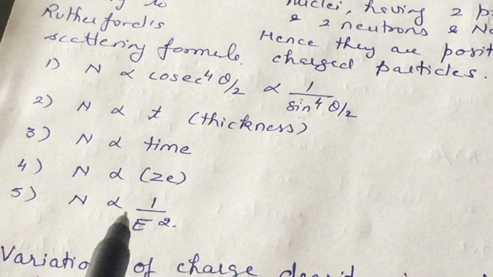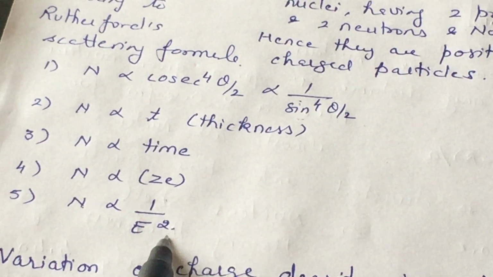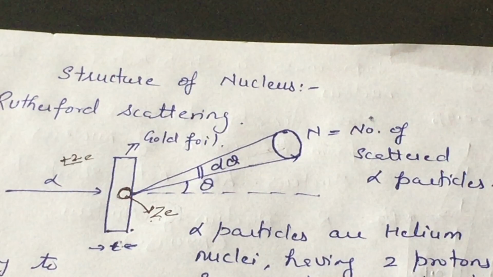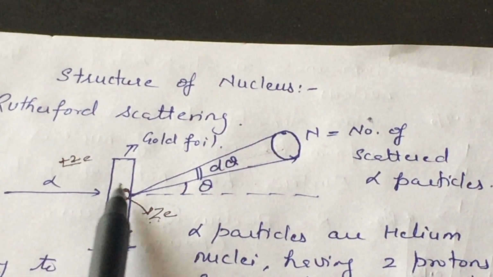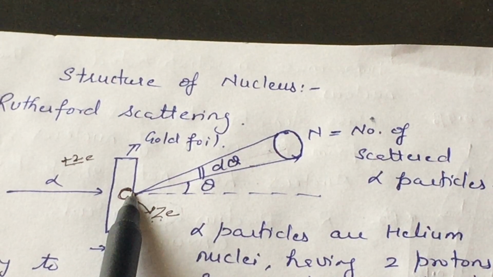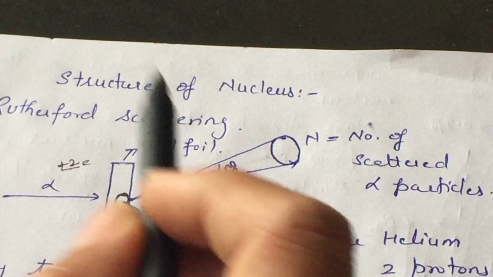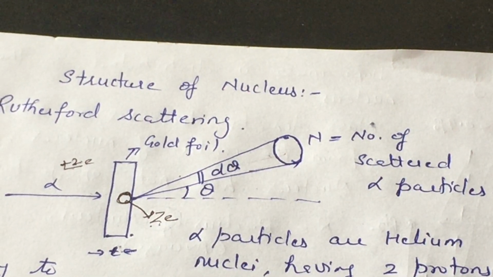Similarly, the number of scattered particles also depends upon the kinetic energy of the alpha particle. Let us consider this alpha particle is moving very slow. Then there is a maximum chance it is going to be deflected in the direction of angle theta plus d theta.